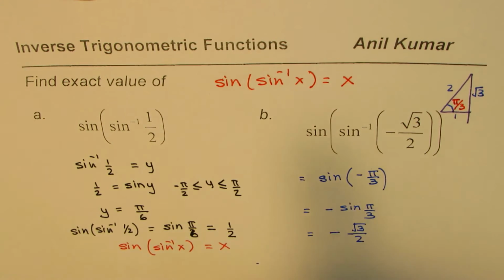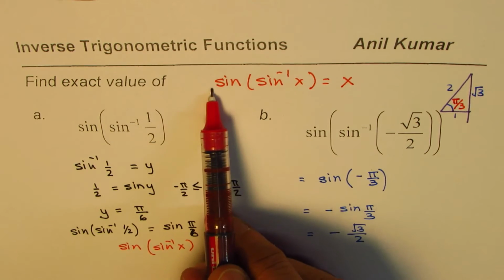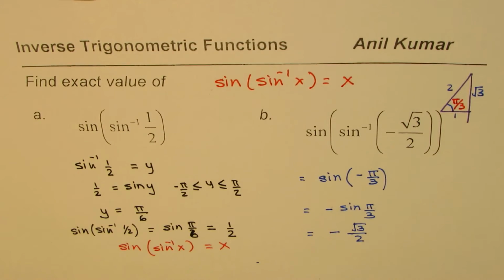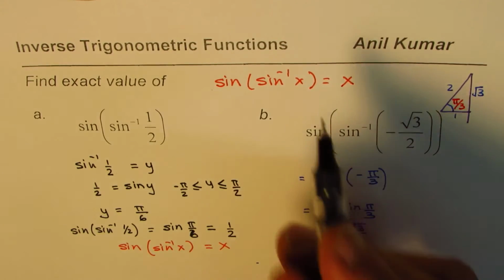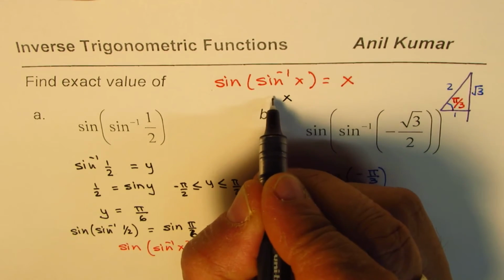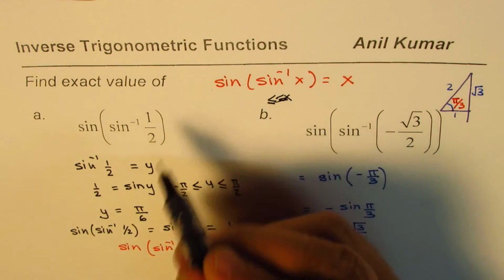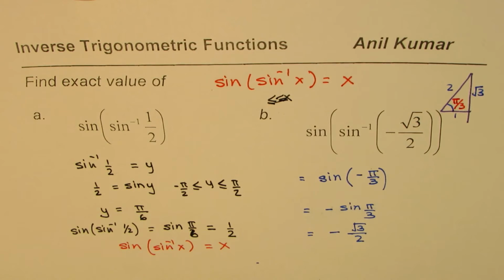However, you saw in a video that sine inverse of sine x may not be equal to x if x is not in the domain of minus pi by 2 to plus pi by 2, right?